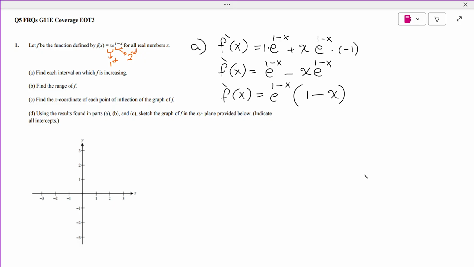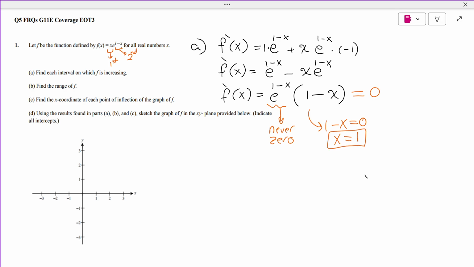To find the critical points, we set it equal to 0. Now we know that the exponential is never 0. So that means 1 minus x is 0, which gives x equals 1. This is the critical point.